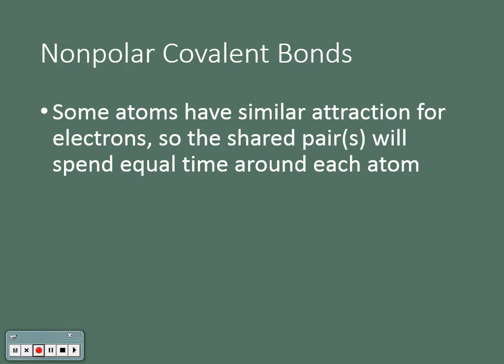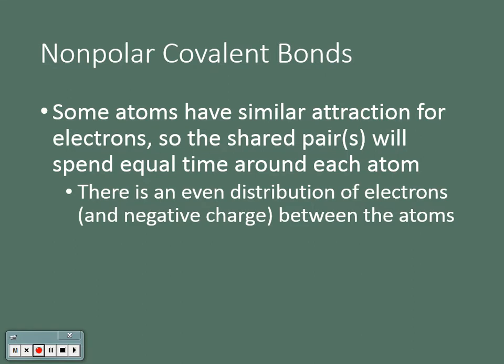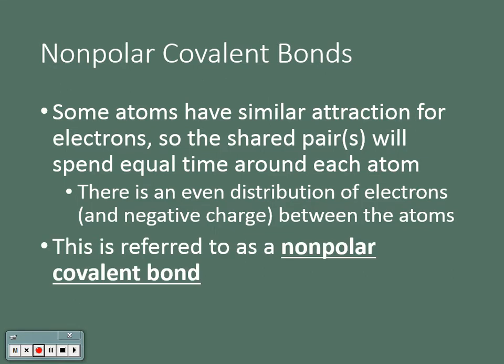For letter B, when these atoms form a covalent bond, how do they share those electrons? Nice and evenly, or equally. There is an even distribution of electrons between those two atoms. So in B, you write that when these atoms form a covalent bond, the electrons will be shared evenly, something along those lines. And when that happens, we call that a non-polar covalent bond.